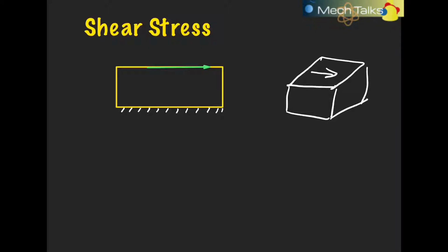When we apply a load that is parallel to the face, this load will tend to give an angular deformation to the material, and the load that tends to cause angular deformation results in shear stress. The stress developed inside the material will be shear stress. So this is the stress when the force tends to give an angular tilt or deformation to the material.